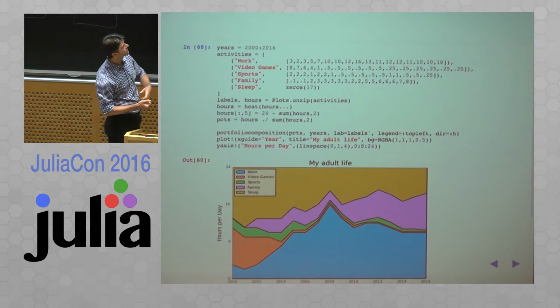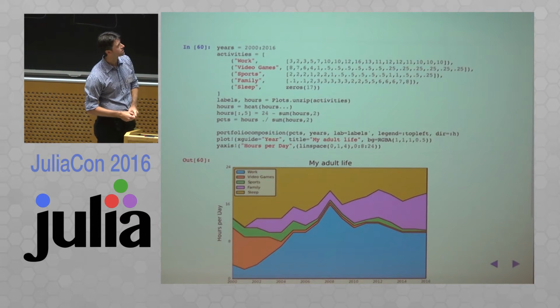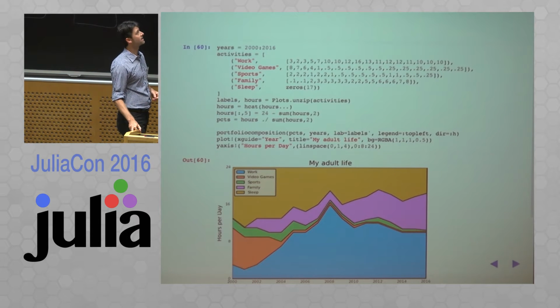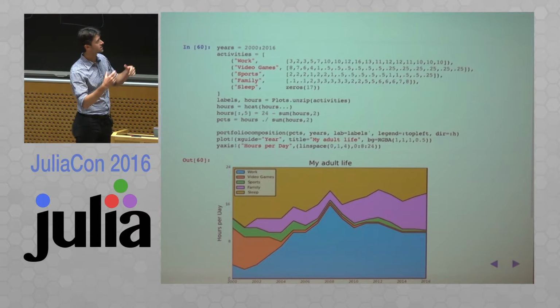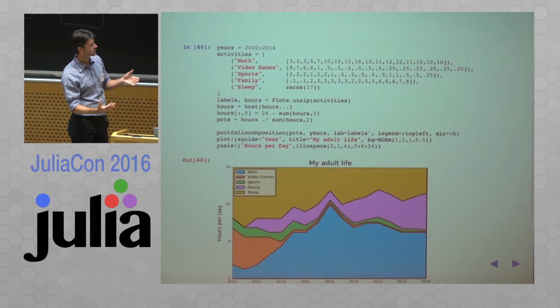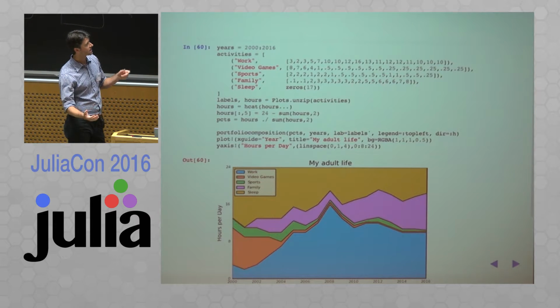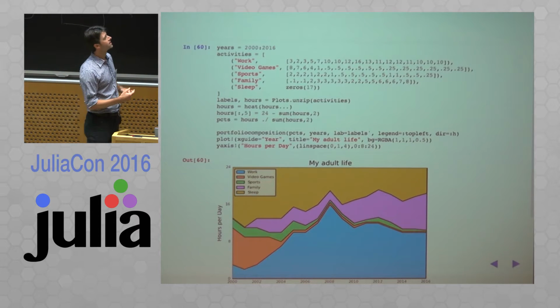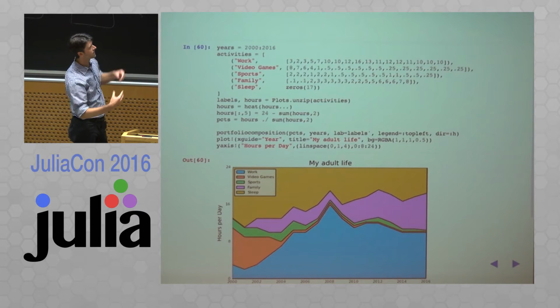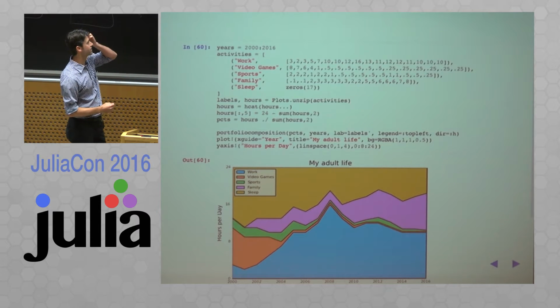And so in the second section, that portfolio composition, I'll talk about how that works, but that is a plots recipe, and so what it does is it takes in input data, and lots of different attributes that can be passed through, and it will build a visualization for you with that recipe.